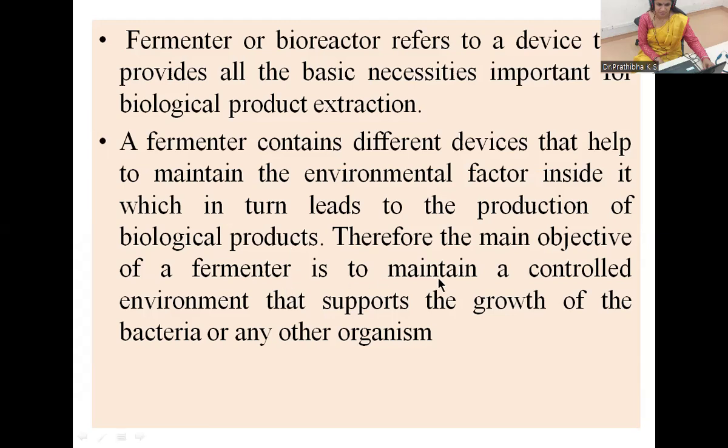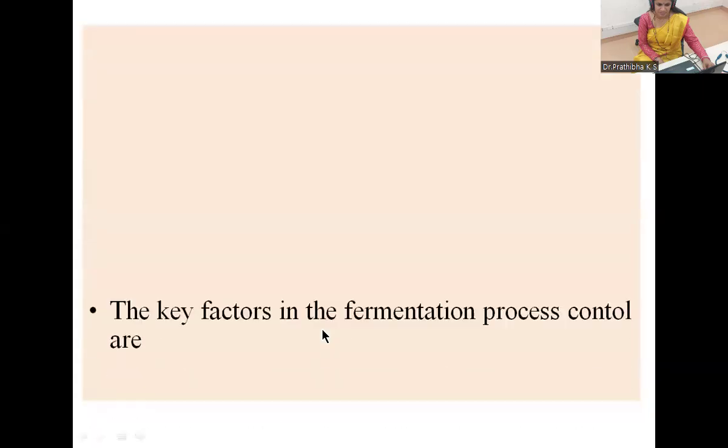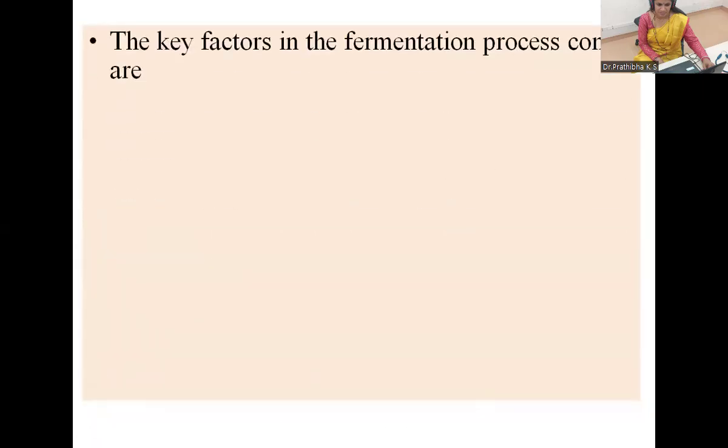The main objective of the fermenter is to maintain a controlled environment that supports the growth of bacteria or any other organisms. What are those controlled environments? That may be aeration or agitation, pH control, temperature regulation, or antifoaming agents, and so on. So all this one has to keep in mind, and then they should work on this particular fermenter vessel.